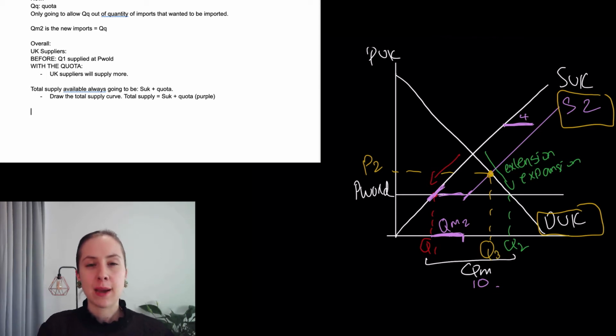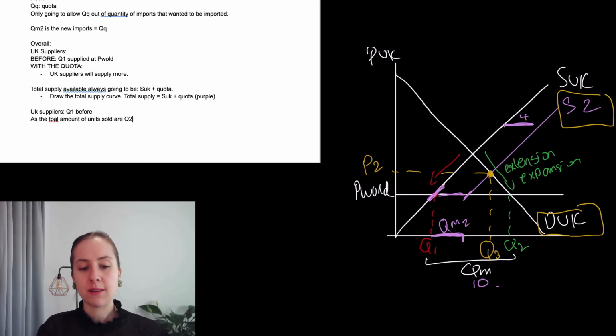So overall, what's happened to the UK suppliers? UK suppliers, as we've discussed, had Q1 before. And now, as the total amount of units sold are Q3, and only Qm2 have been imported, the UK has actually supplied more than before.